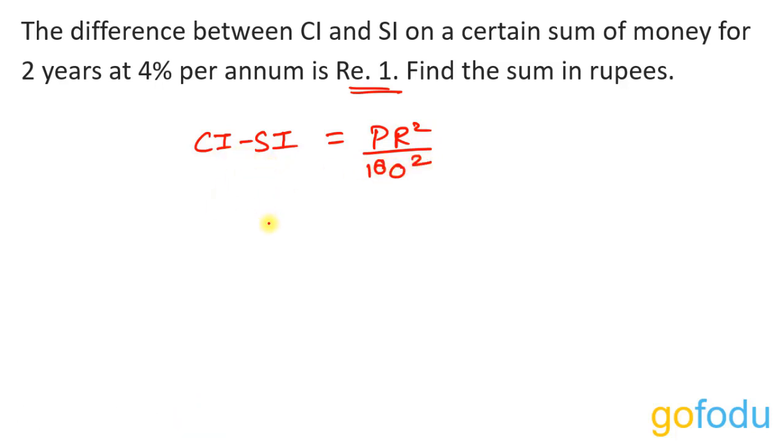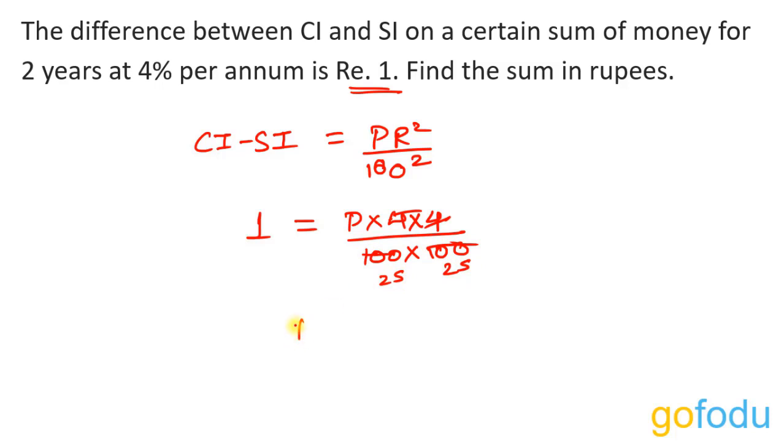This is given as 1 rupee, and the principal is asked from us. R square is 4 into 4, the rate of interest is 4%, upon 100 square, which is 100 into 100. This will be equal to 625 rupees. Principal will be 625 rupees.